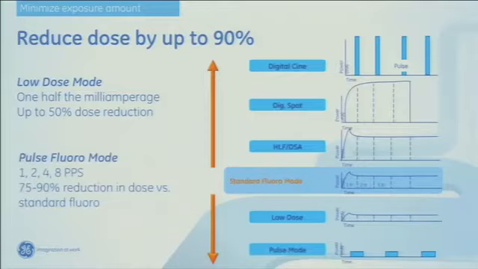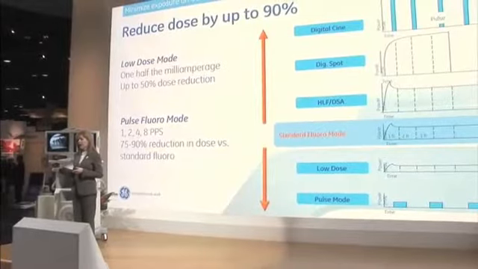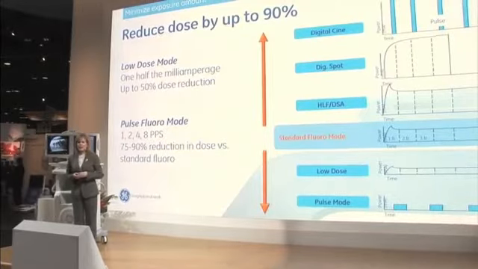Applying pulsed fluoro whenever possible can reduce dose by up to 90% over standard fluoro, depending on a 1, 2, 4, or 8 pulses per second setting. Where some low dose technology can mean sacrificing a good image, the many image quality enhancements of the OEC 9900 means fewer sacrifices, which makes these options very attractive.